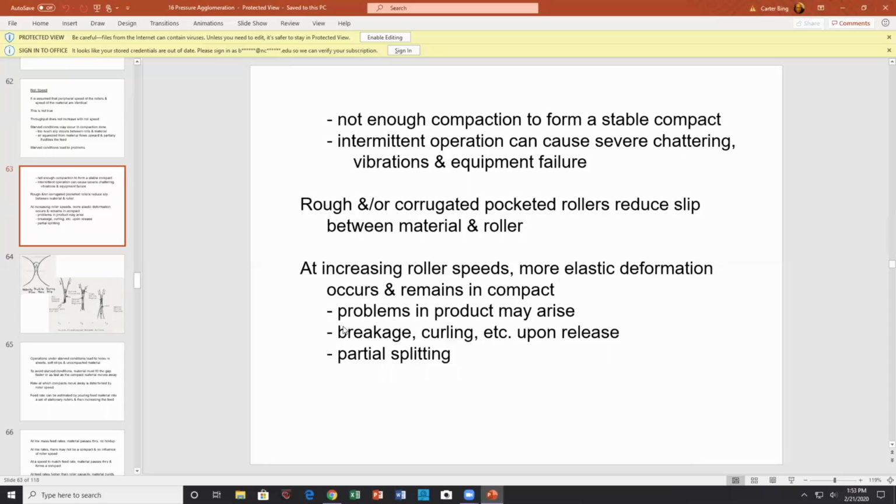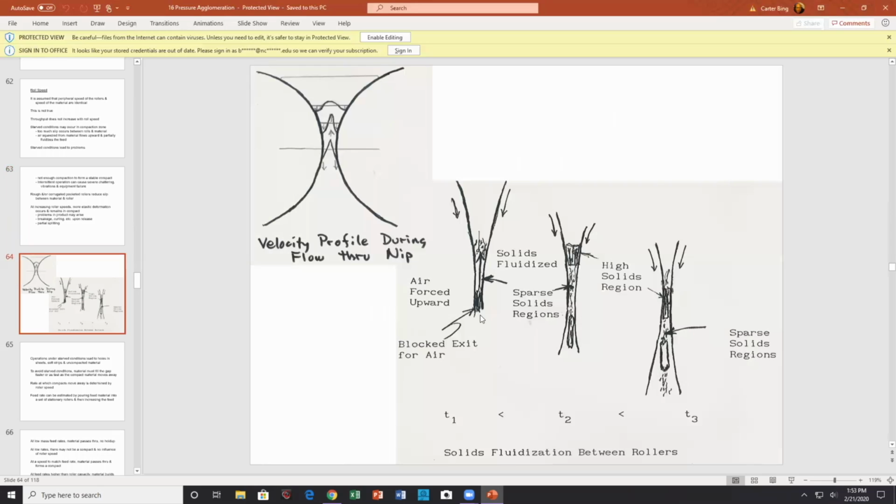If you deformed an elastic material and the elastic behavior hasn't been relaxed, then it sits there just like a time bomb waiting to go pop and release its elasticity. That's what that means. Problems in product may arise: breakage, curling upon release, partial splitting on release. Anyway, I don't know if you've experienced this before.